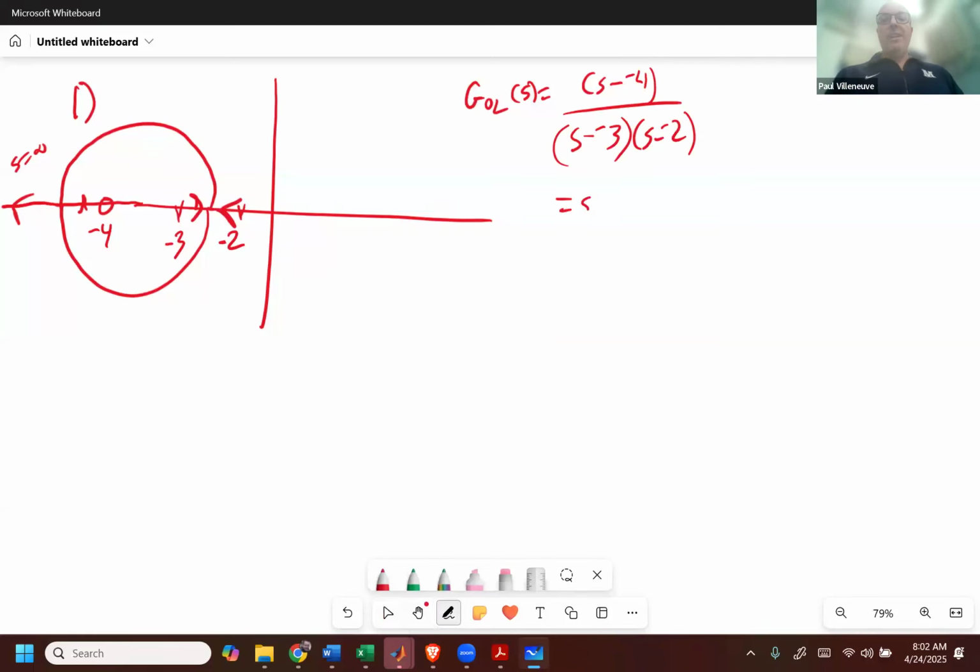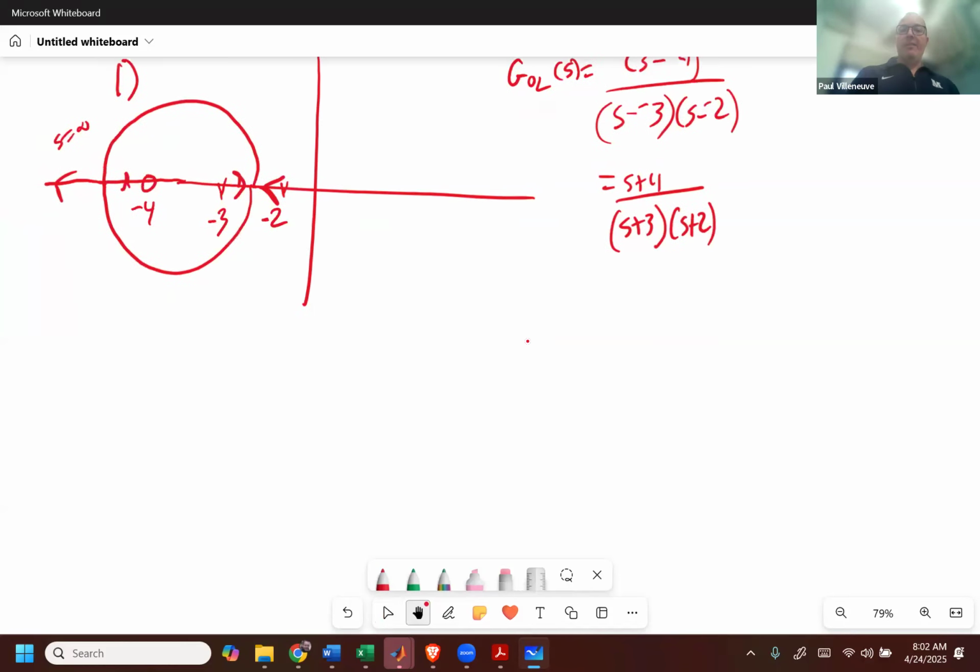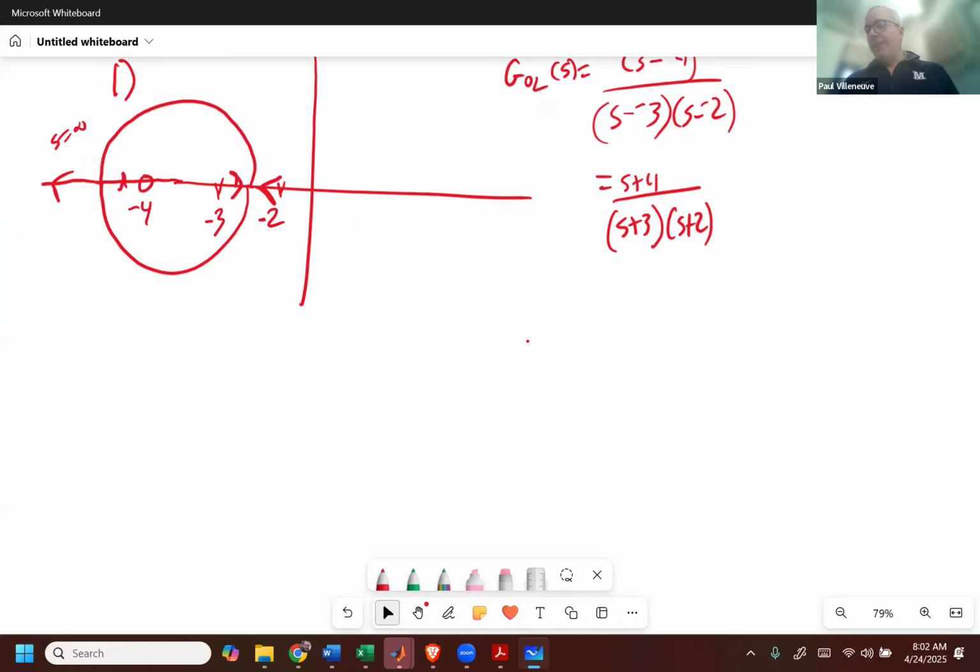So you end up with s plus 4 all over s plus 3 times s plus 2. Most people were able to do this one pretty easily. I don't know if there are any questions or comments on that, but that was the first problem.